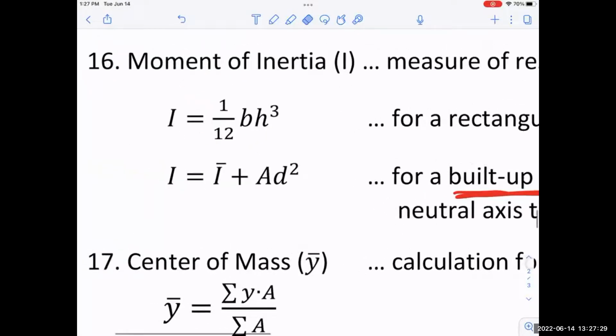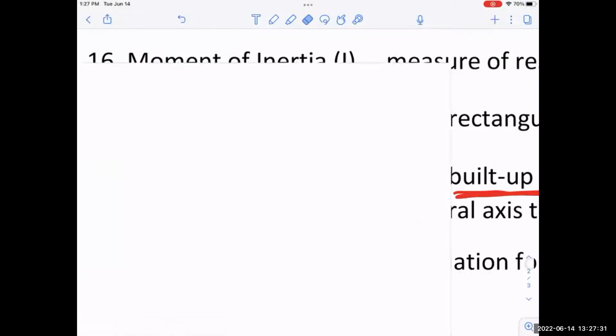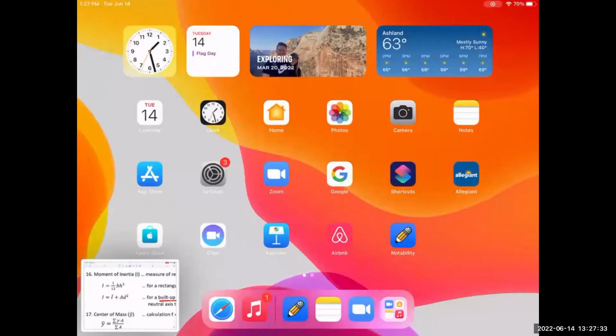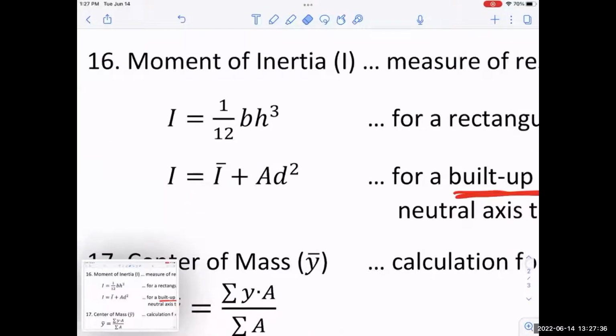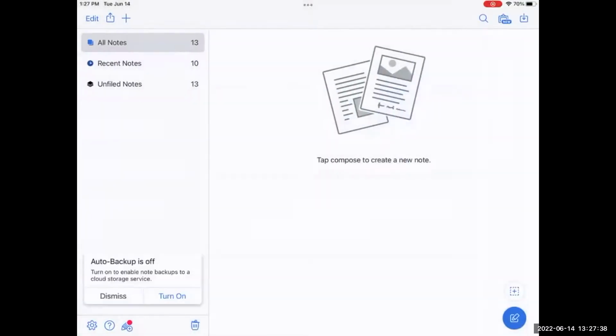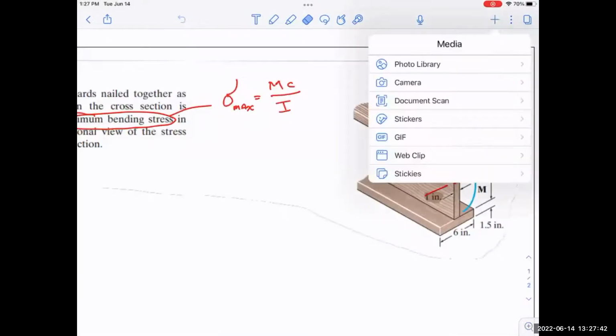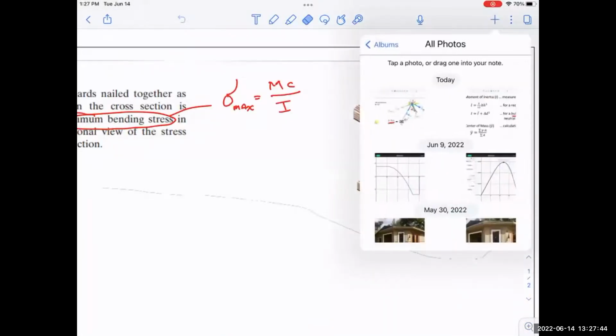Glad you put the center mass on. I know we like to do this, but all the stacks. Center mass.